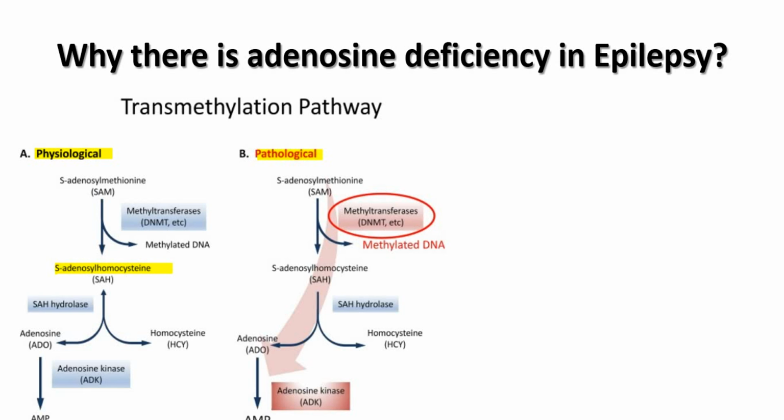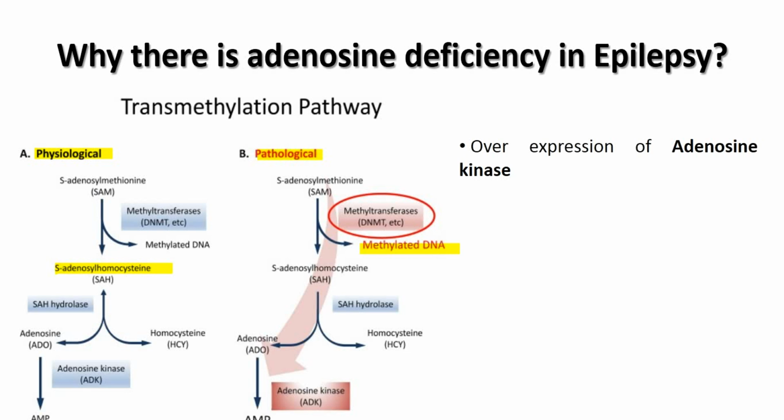Whereas under pathological condition, the methyltransferases lead to methylated DNA. Methylated DNA leads to adenosine getting converted by adenosine kinase, and this pathological transformation is detrimental, and that leads to deficiency. So, what is the role? There is an overexpression of adenosine kinase.